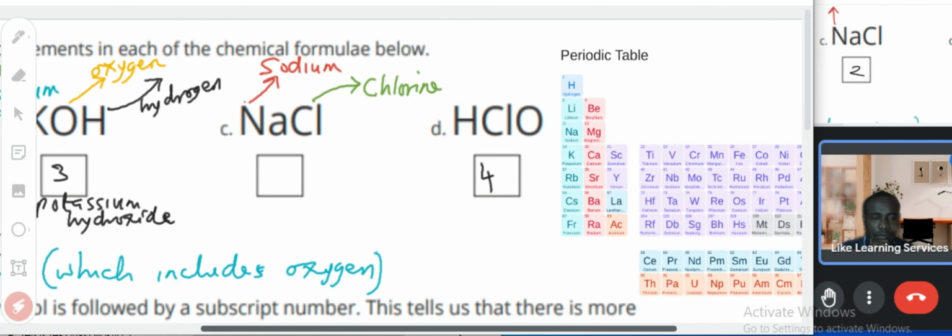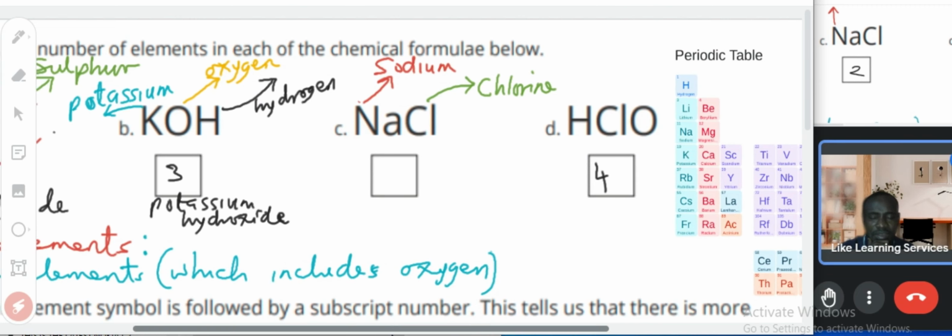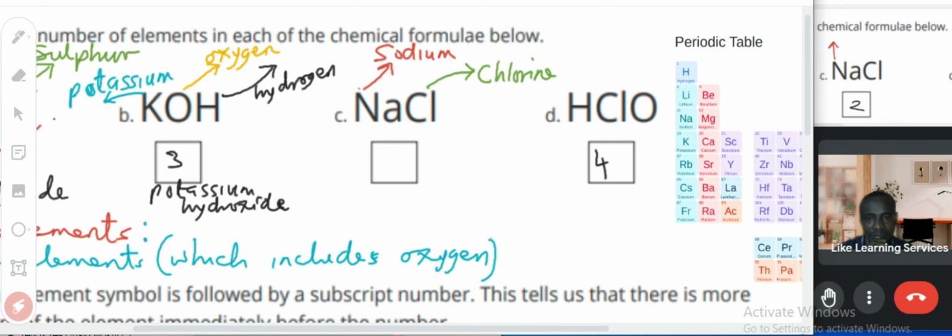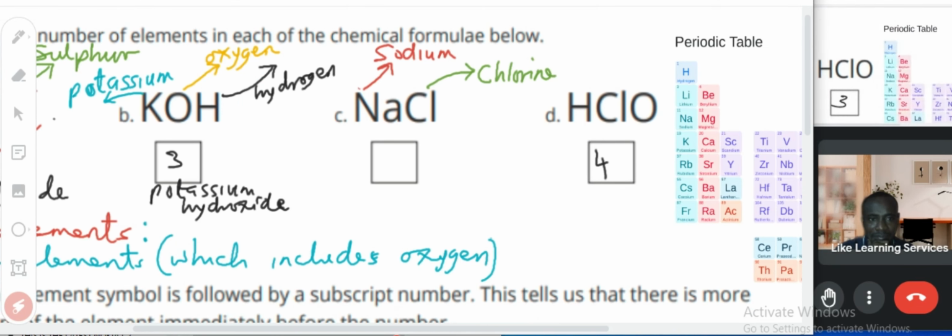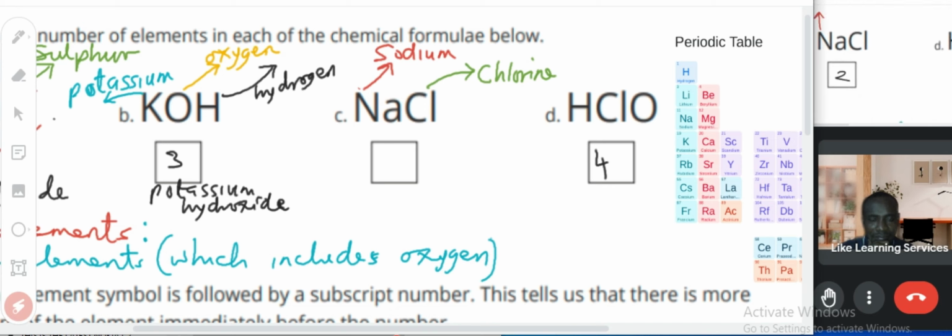So what's the name of NaCl, by the way? Sodium chloride. Beautiful. Sodium chloride. All right. Can you write it underneath it?